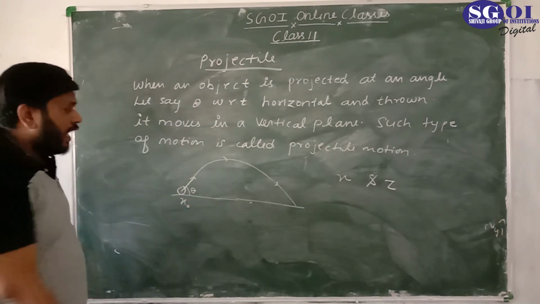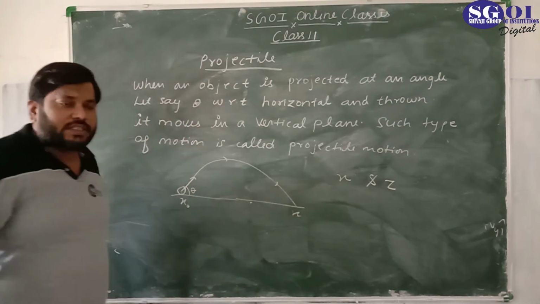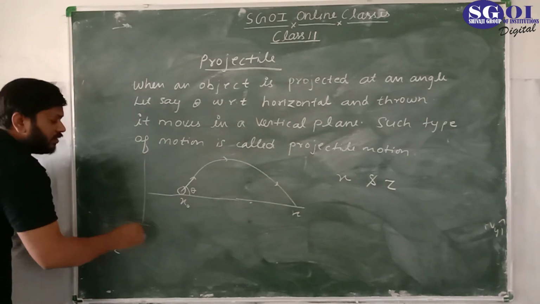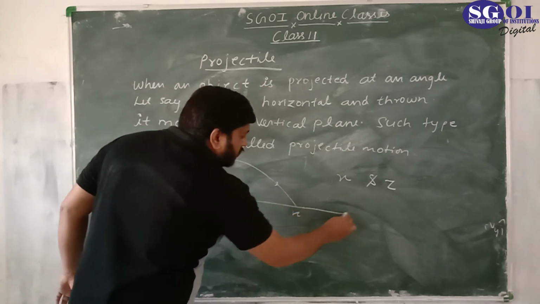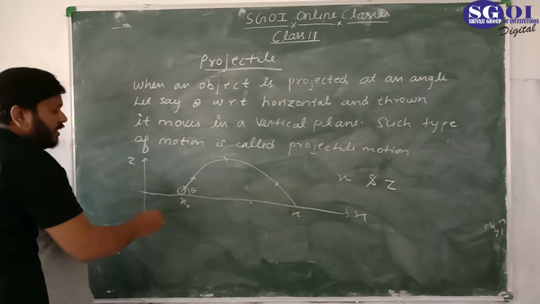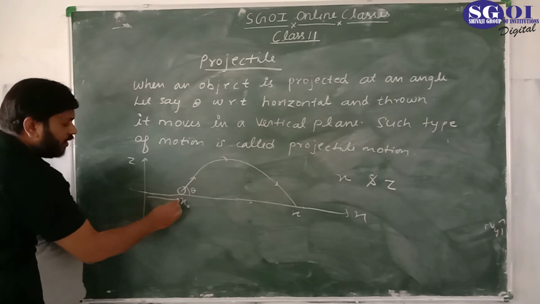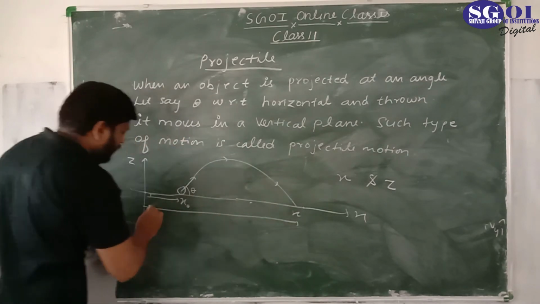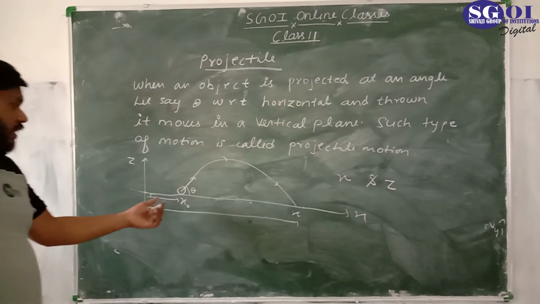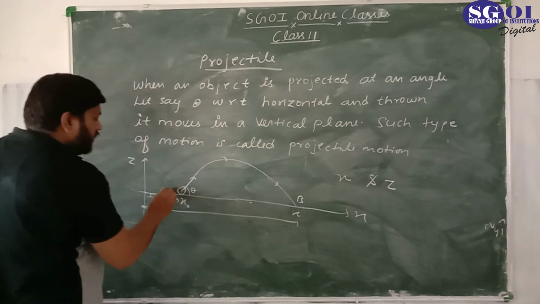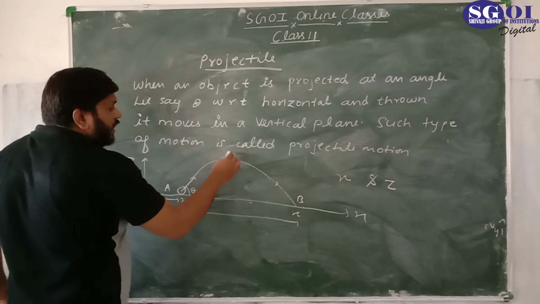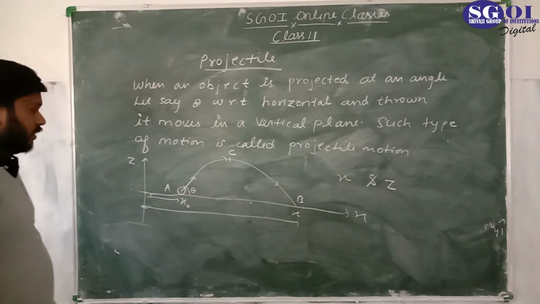Initially it is at x naught, and finally it reaches x. Let's say this is the coordinate axis, this is the x-axis and this is the z-axis, and this is position x naught and this is position x. The object reaches this place, let's say this is B, this is A, and this is the maximum height, let's say C.